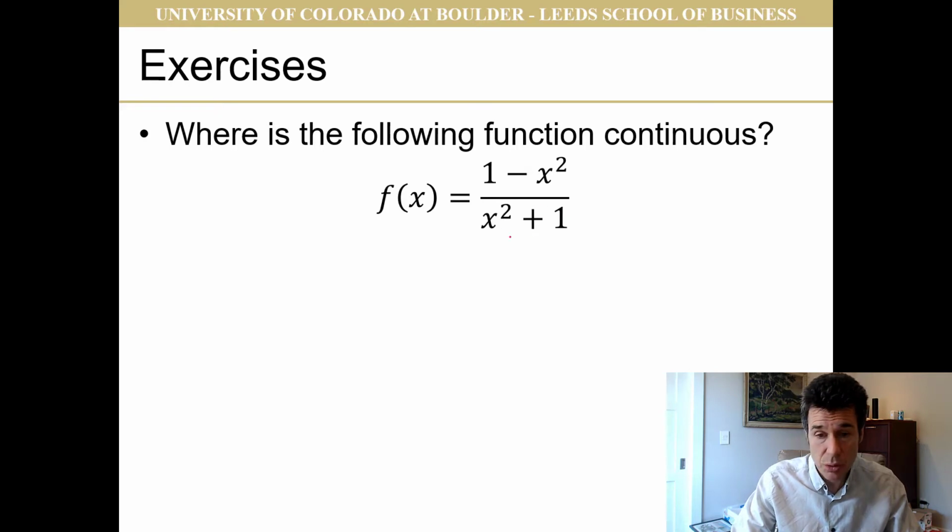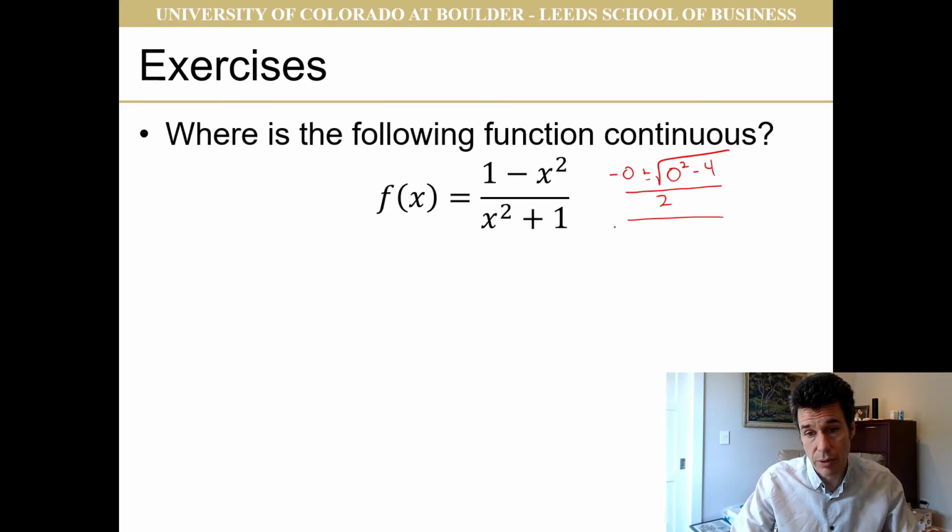If you're not sure, let's simply use the quadratic formula. -b, which is -0, plus or minus the square root of b squared, which is 0 squared, minus 4 times 1, which is -4, over 2. And this is never 0. We have a square root of a negative number, so there are no zeros. So this is always continuous.